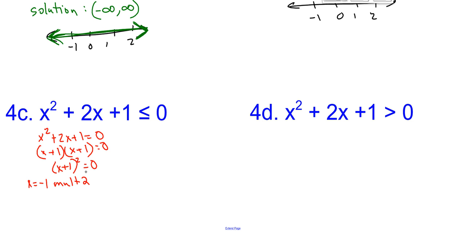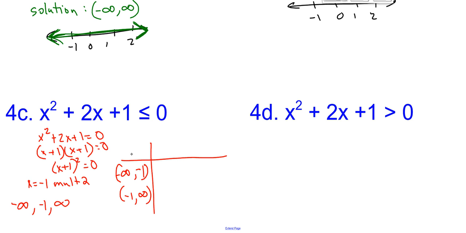And so let's look at that interval table for this one. -infinity to -1 and then to infinity. So our intervals are -infinity to -1, and -1 to infinity. And we'll pick some x values and we'll find the sign of y.